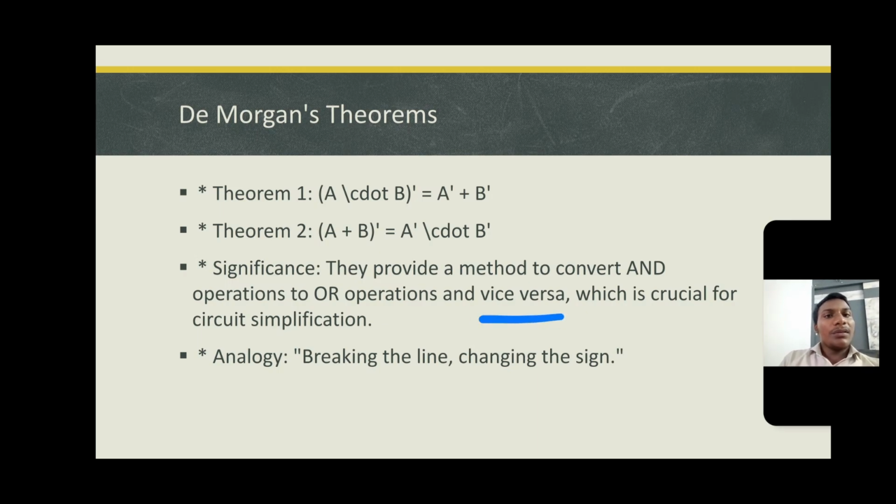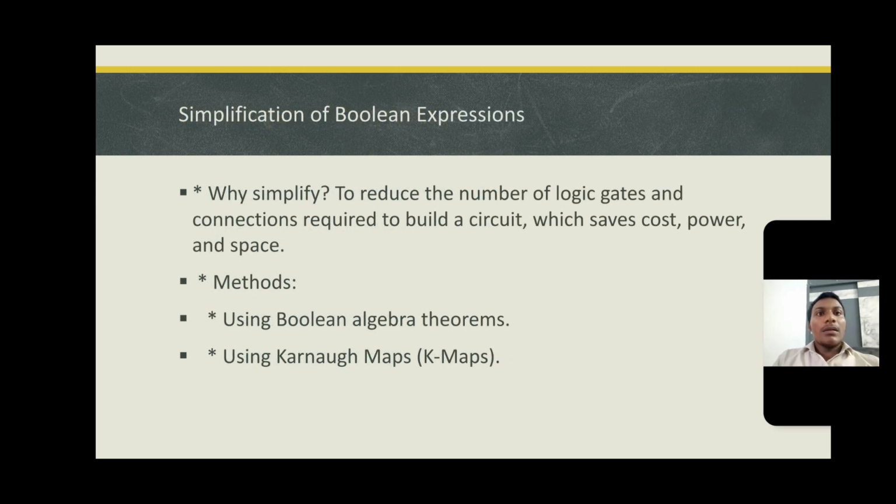It can do the reverse also, by taking the bar and changing the sign. Simplification of expressions: why simplify? This shows the importance and where we can use it in our day to day life.